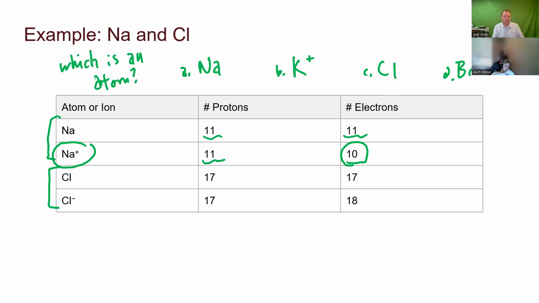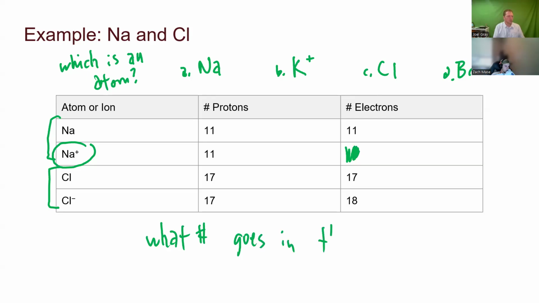Now, this is one example of a sort of table that you might see on an exam. And the way that it would show up on an exam would be something like, what number goes in the empty space?